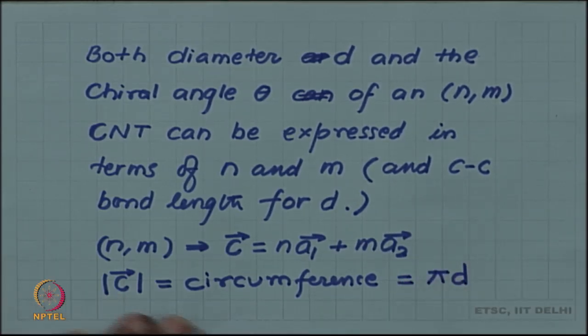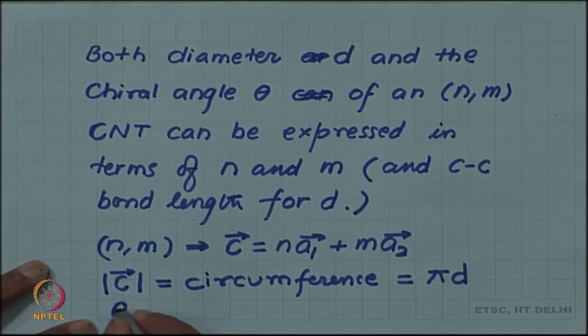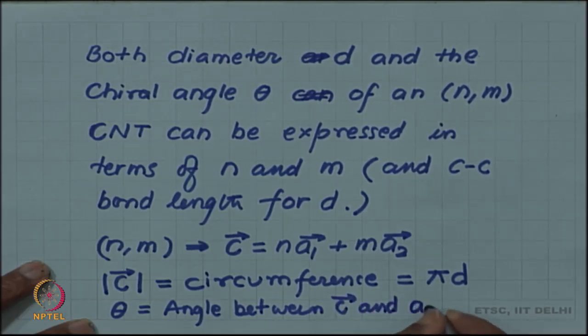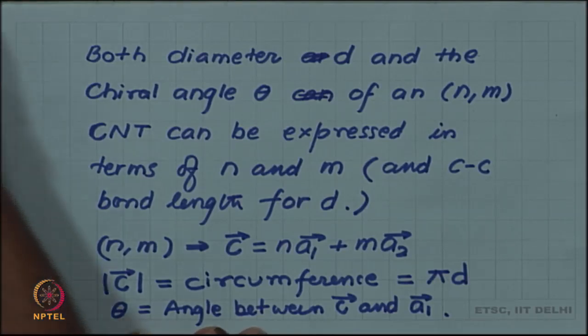With this relationship you can find the diameter in terms of n and m. The angle theta is by definition the angle between C and A1. So, it is a nice exercise in vector geometry in a non-Cartesian frame, because your two vectors A1 and A2 are not at 90 degrees, but at 60 degrees. So, I leave this as a homework exercise for you.